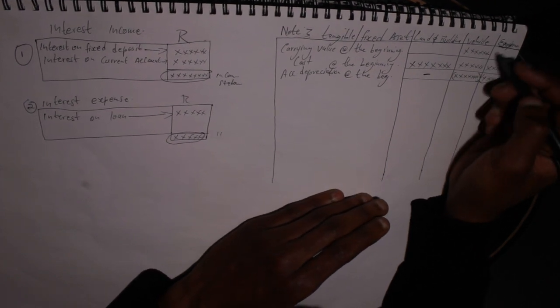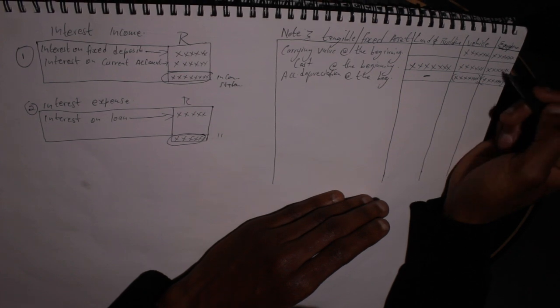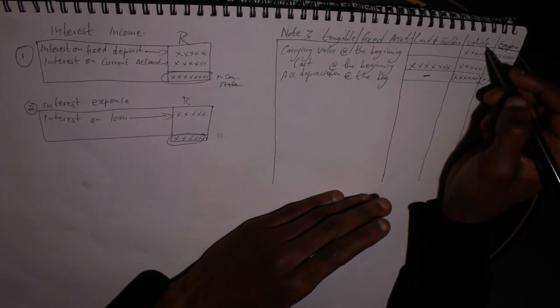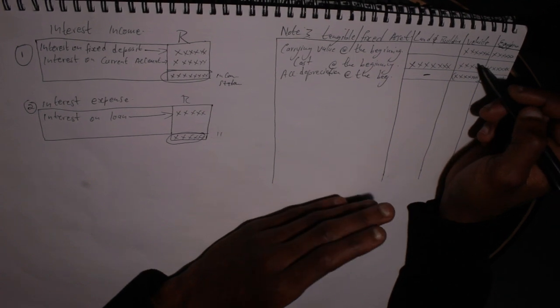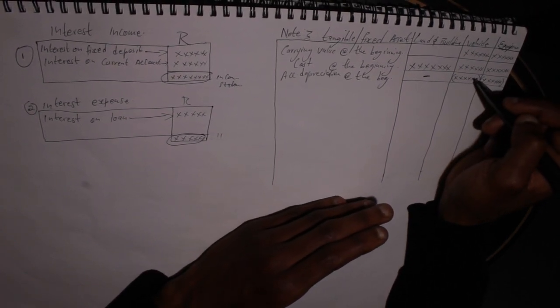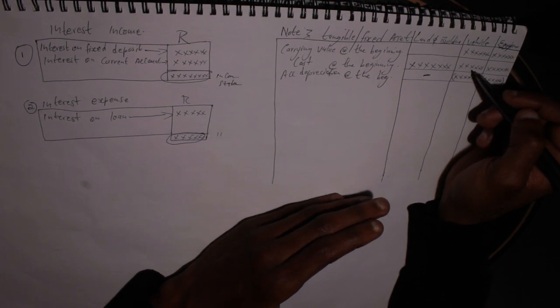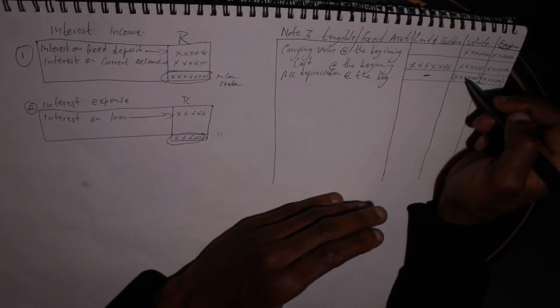Same applies to equipment. So today, if we choose that we want to sell all the vehicles, we're going to use the carrying value. Let's say we bought this at 100,000, then we lost 10,000 throughout the years. If you want to sell the vehicle at the carrying value, we simply say 100,000 minus 10,000.